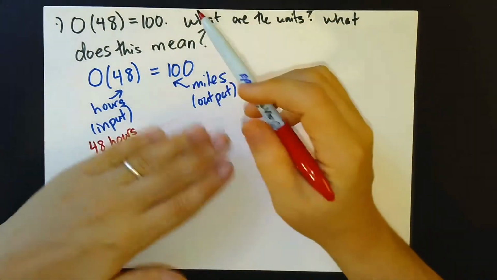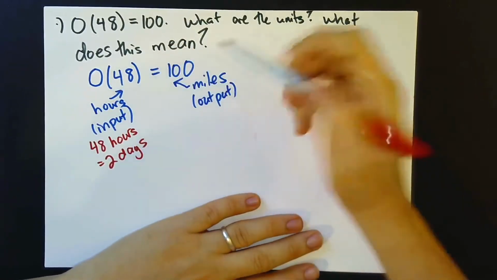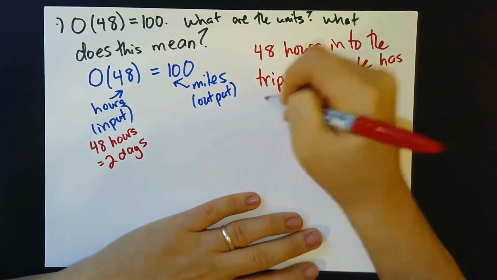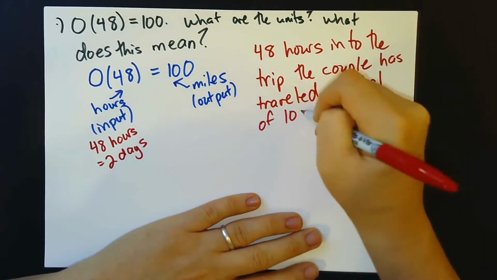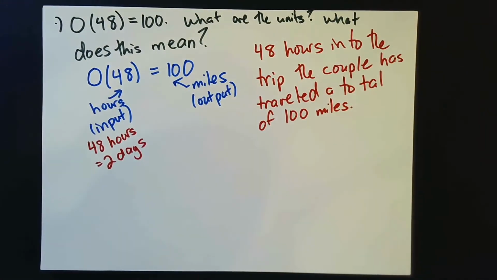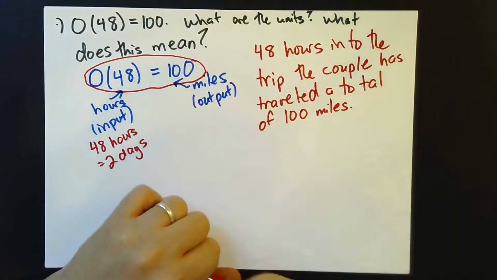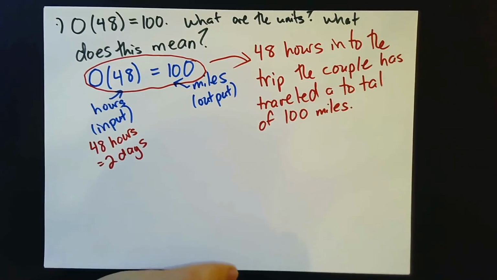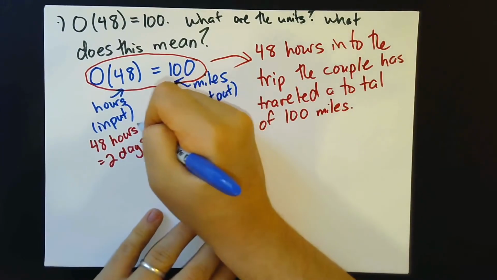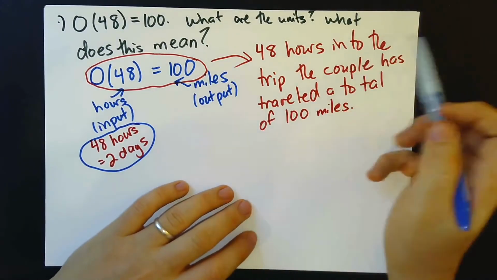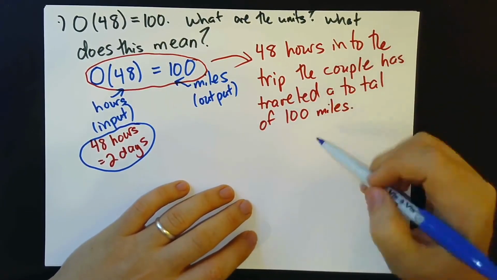And so literally, with no additional context, what this says is that 48 hours into the trip, the couple has traveled a total of 100 miles. If you only looked at this and the meaning of the function, you would get to this sentence. But if you take into account that it's a 2-day trip and 48 hours is 2 days, that actually tells me not just that 48 hours into the trip the total distance they traveled was 100 miles.